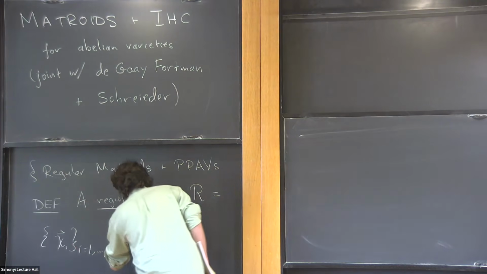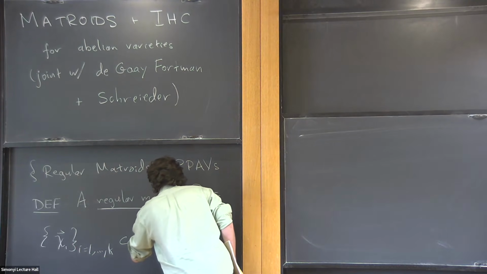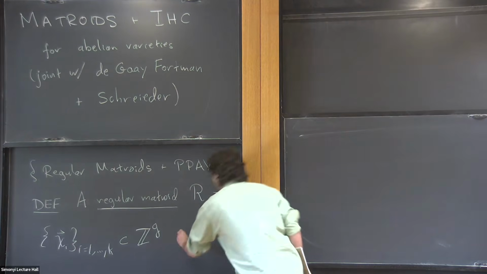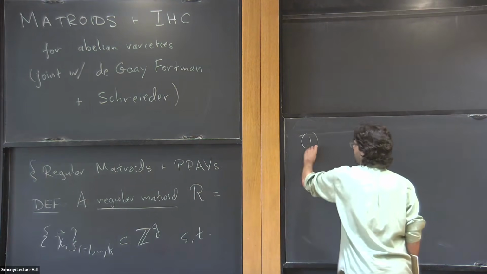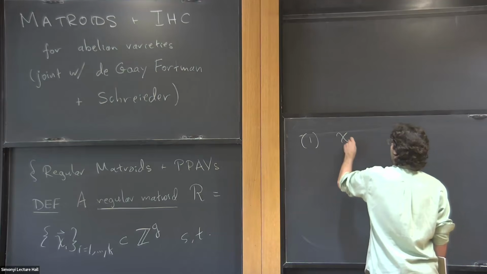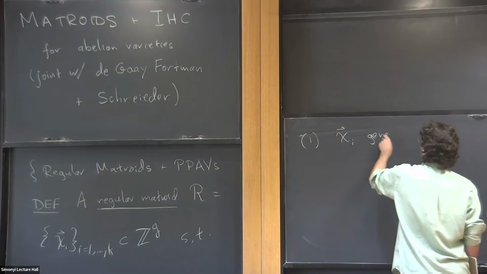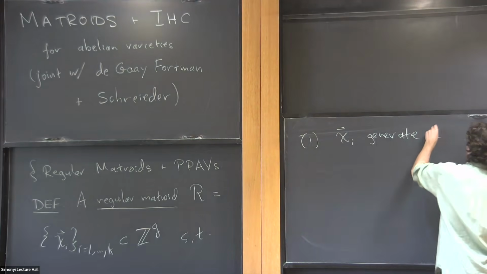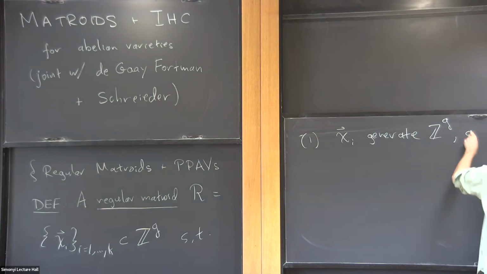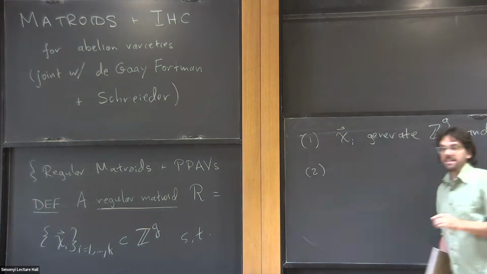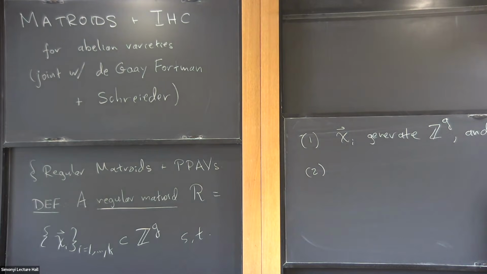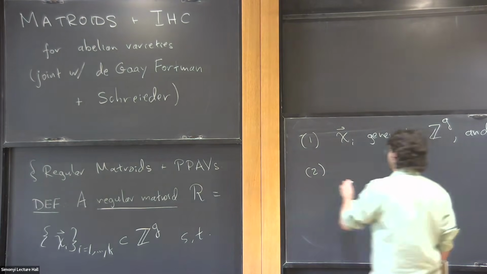So this is a subset of Z^g, satisfying the following two conditions. First is that the xi generate Z^g. And the second is that any subset of the xi generates a saturated subgroup.